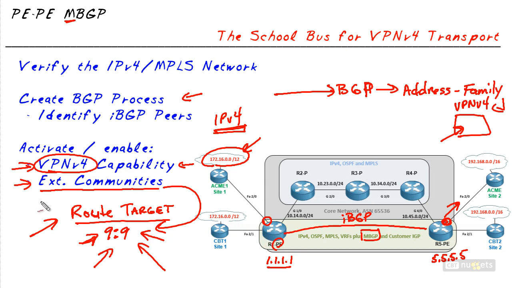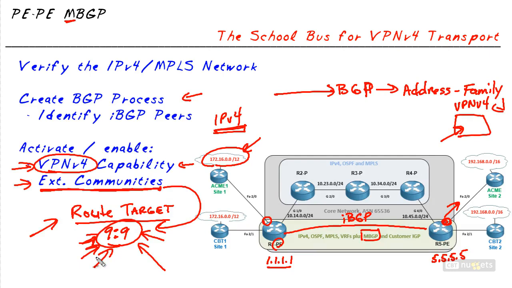So if the routers don't support extended communities or aren't willing to exchange extended community information, effectively it means they won't be willing to send route target information, which is going to break our MPLS Layer 3 VPNs, because then if we don't have any route targets, our routers won't know which of all those VPNv4 routes in BGP should be taken out and imported into the VRF so they can be advertised to a specific site. So long story short, we need to support extended communities to support route targets.